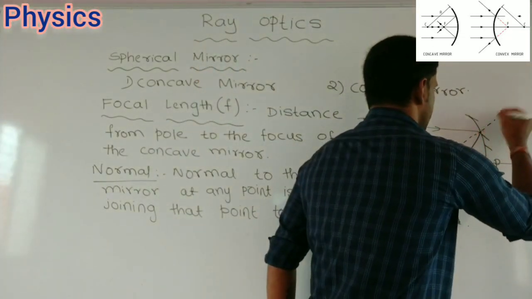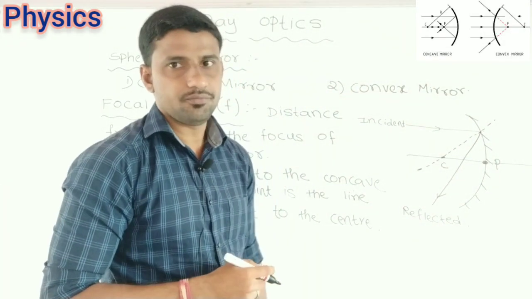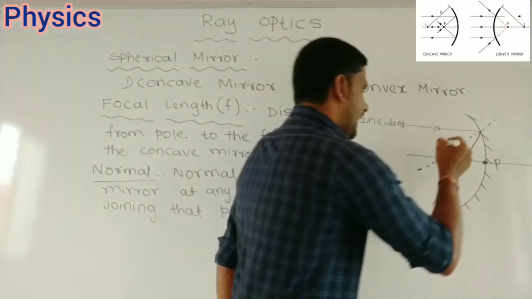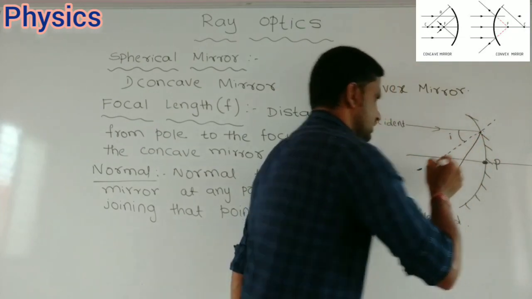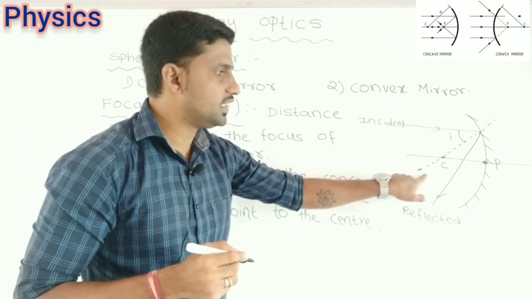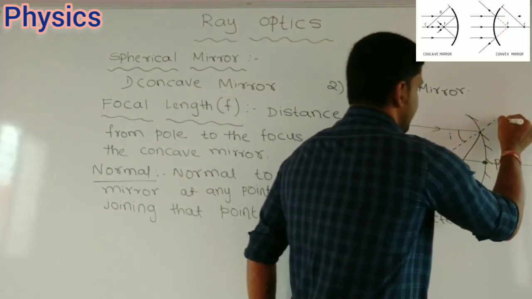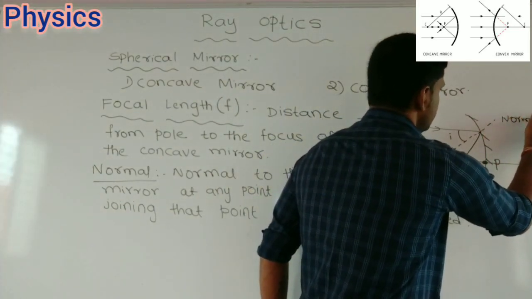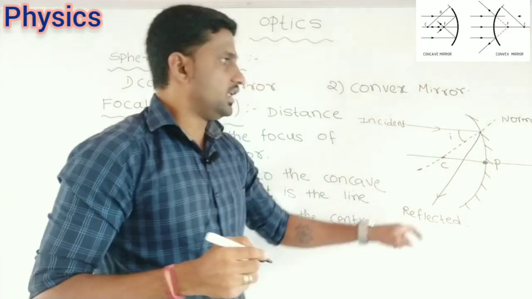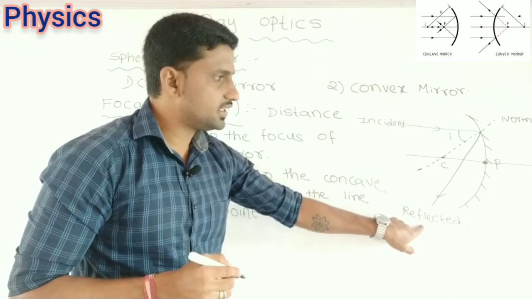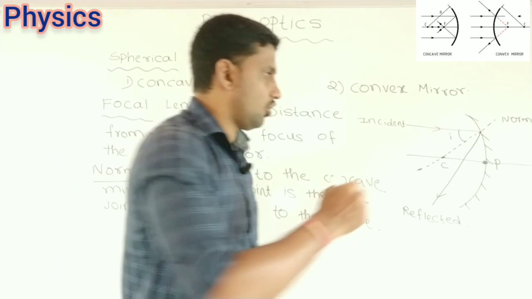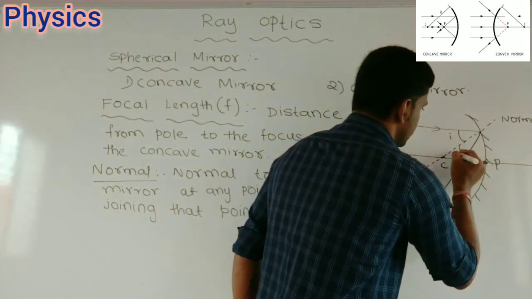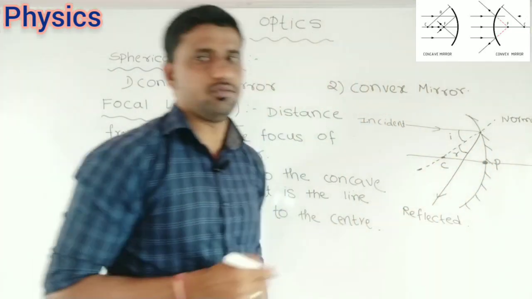This is a normal. Using this normal, we can find the angle of incidence like this. So this is the angle of incidence, the angle between the incident ray and the normal. This dotted line is the normal. And the angle of reflection is the angle between the reflected ray and the normal. So this is the angle of reflection.